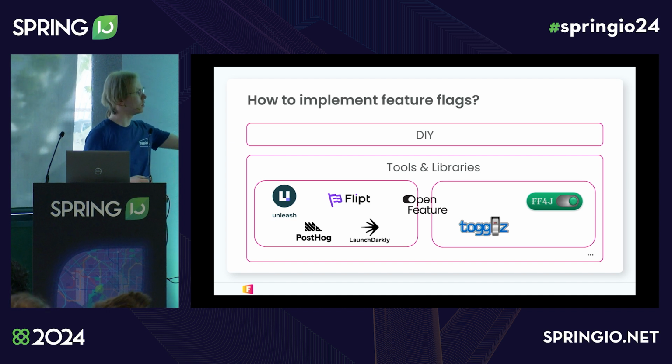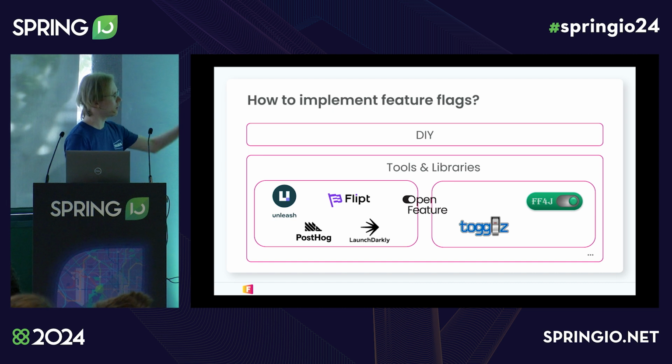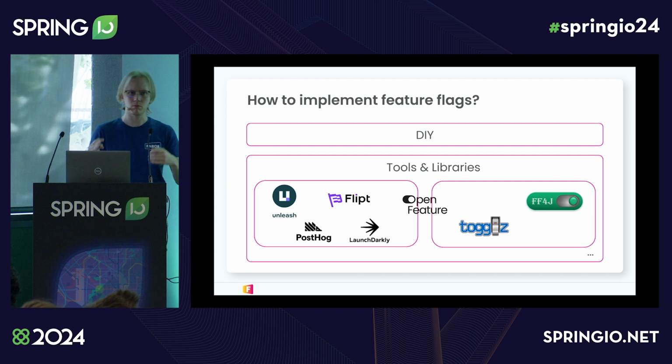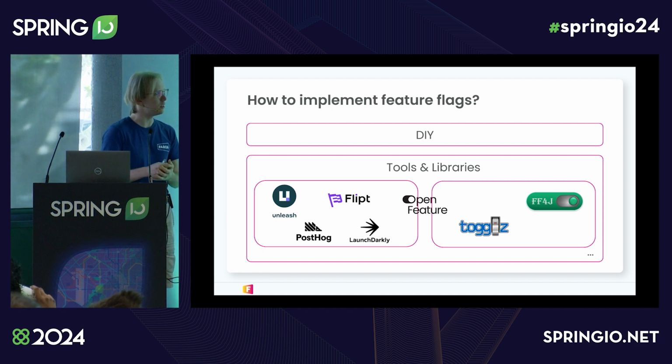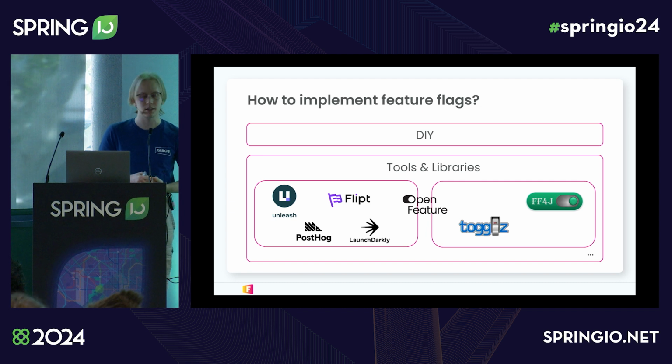Then there are the tools and the libraries. I've split them up a little bit already. Tools like Unleash, Flips, and Posthog, and on the other hand, you have Togglz and FF4J. I've divided them this way because of the way that you use them. The libraries are a bit less involved to set up. Usually they're just a dependency you pull into your project.